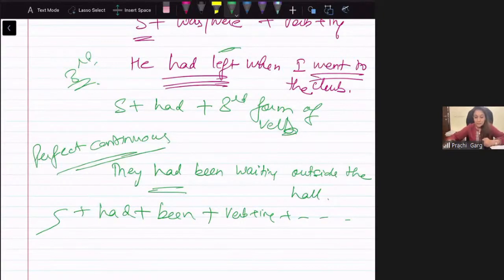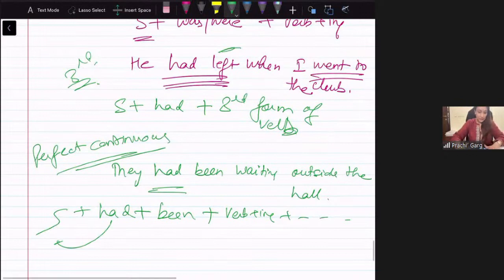They had been waiting outside the hall. Am I clear? Yes. Now, if you ask me how to frame the questions in respective tenses, you just take this had or has or have or was or did to the front, the rest of the sentence remains the same, and you put the question mark at the end. This is how you frame the questions.